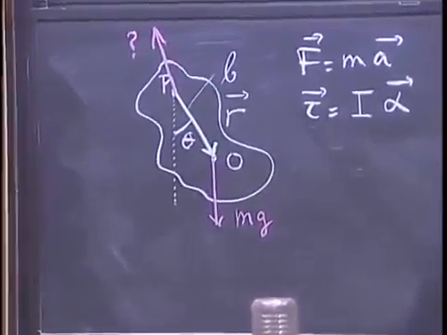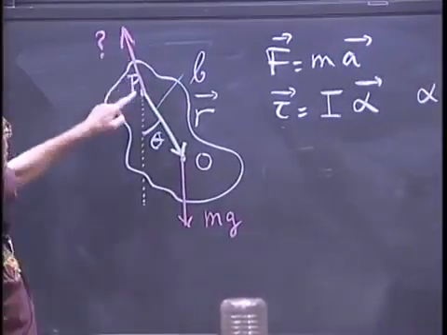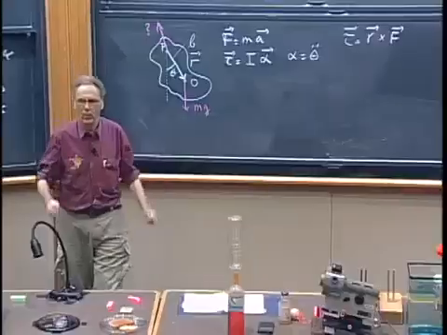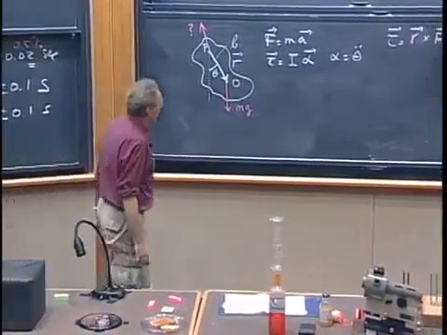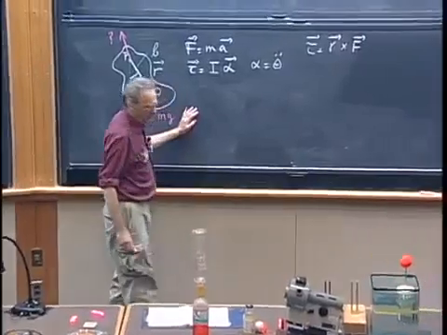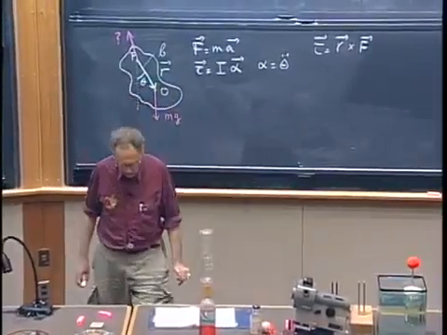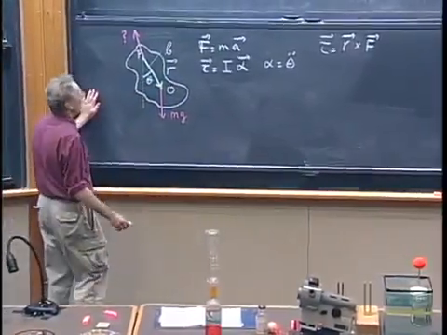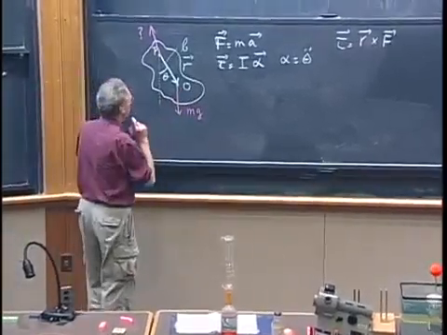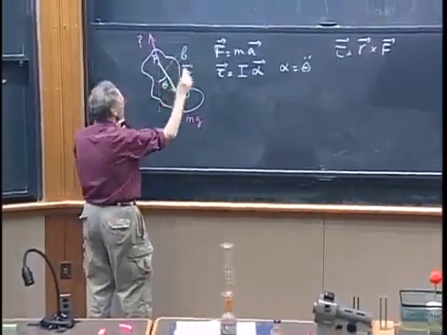So if we deal with the torque relative to point P, that force is of no consequence. So I'm going to take P as my origin, and so now is the question, what is the torque relative to point P? Well, it's R cross F. R is this distance, which is B.